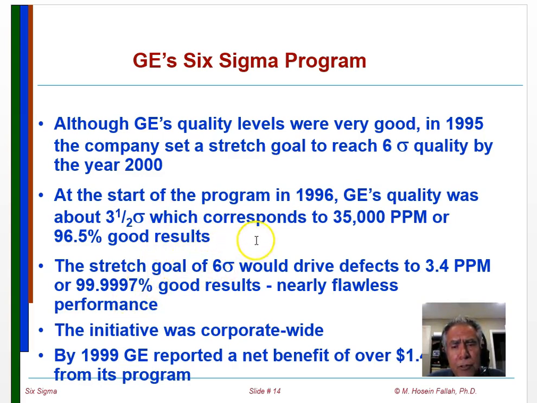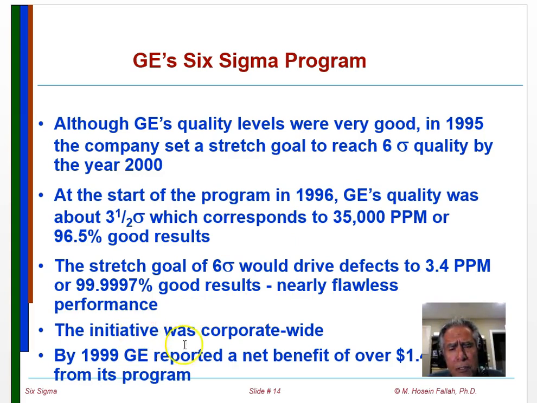So the idea here was to drive quality from that average of 3.2 Sigma, which corresponded to 35,000 parts per million defects, to Six Sigma and reduce defects to 3.4 parts per million.